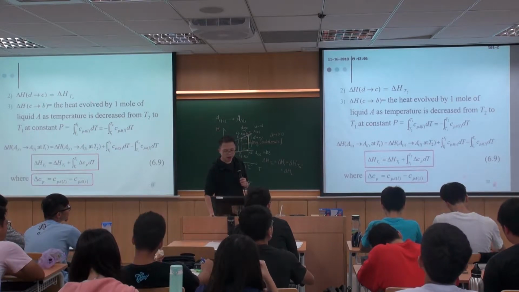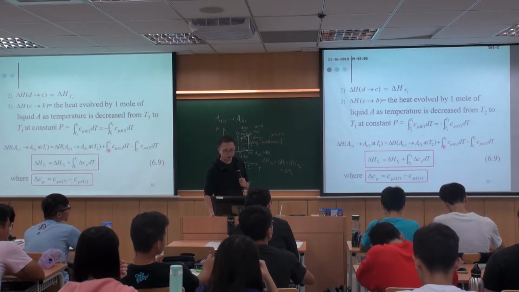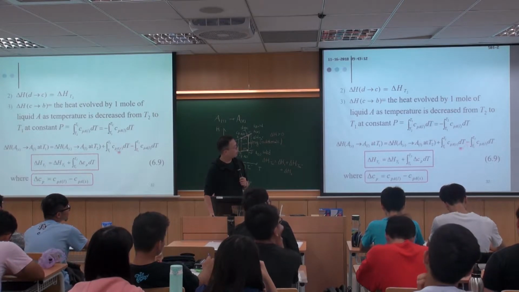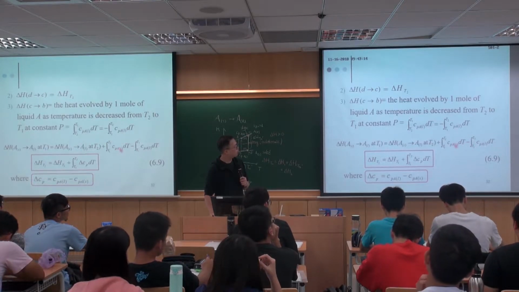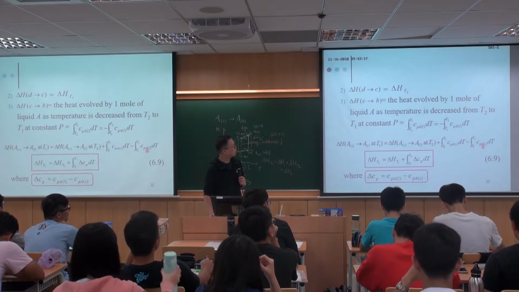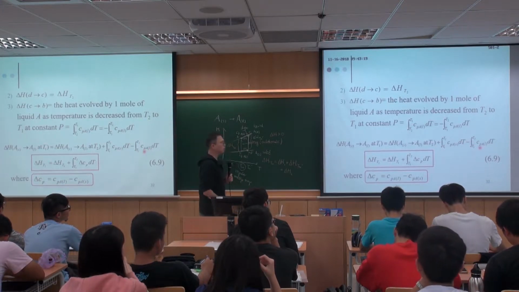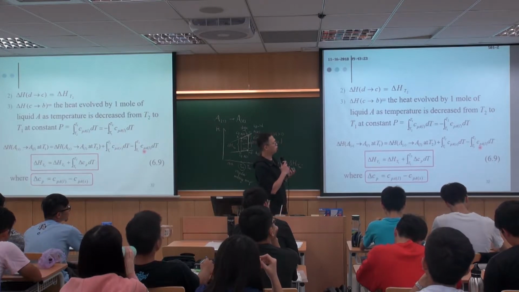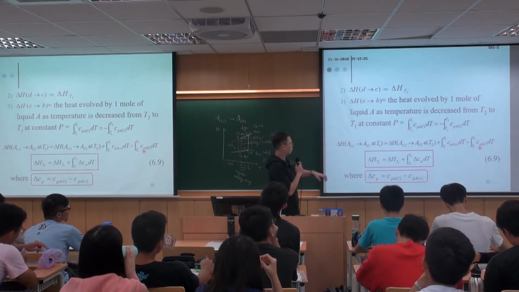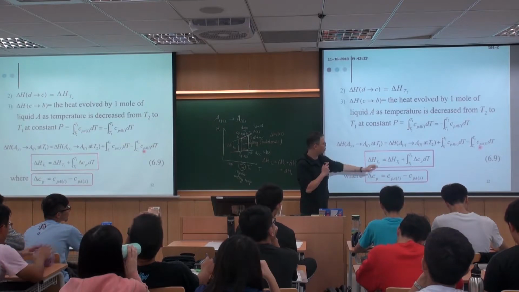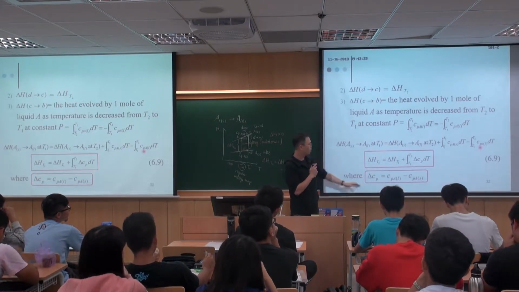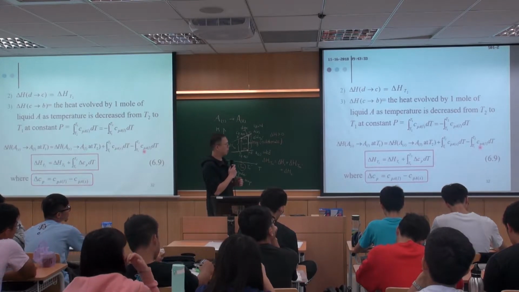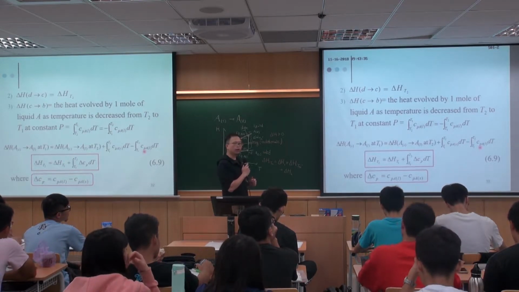Because remember that we have integration from T1 to T2, and this is a minus sign here, and we have the Cp for solid and Cp for liquid. And we're looking at the difference of those two. So that's the reason why we can summarize that to delta Cp. And delta Cp means the difference of molar heat capacity for the liquid phase and the solid phase.